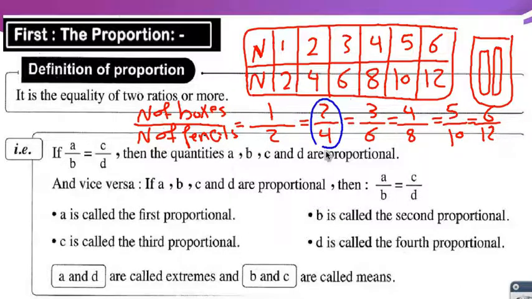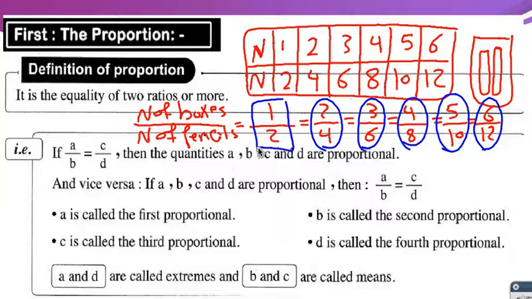All ratios, 2 over 4, 3 over 6, 4 over 8, 5 over 10, 6 over 12 equal half, equal a constant. All ratios equal a constant.